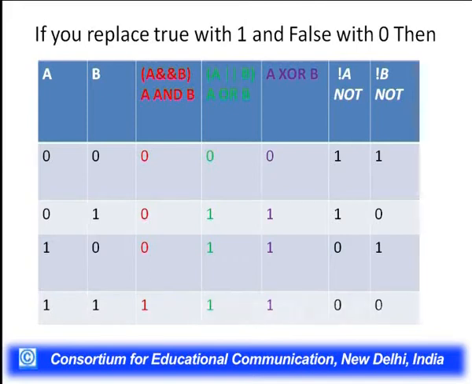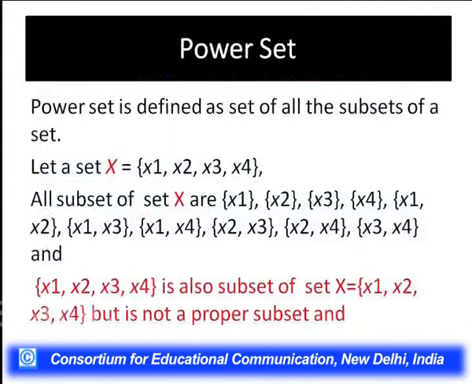In case of OR, both inputs are 1, 1, then the result is 1. In case of XOR, the result is 1 (as given in the table), and in the case of NOT, if A is 1, then NOT A is 0. Here in this case A is 1, so the result is 0. In the case of B is 1, again the result is 0 for NOT B.